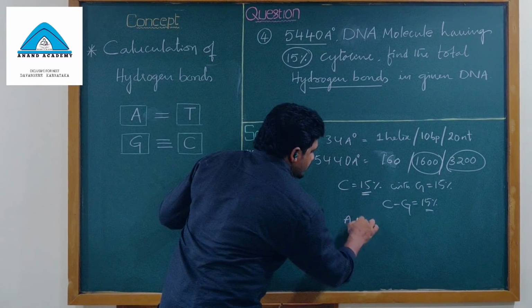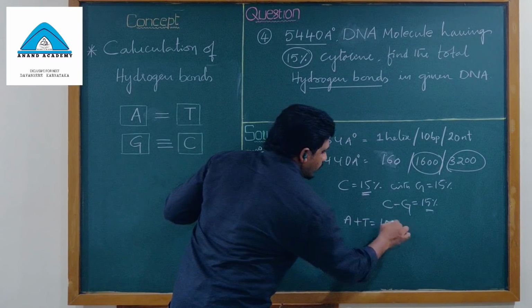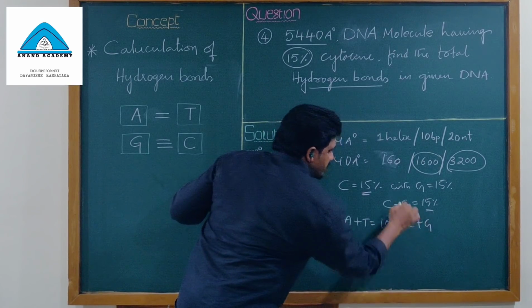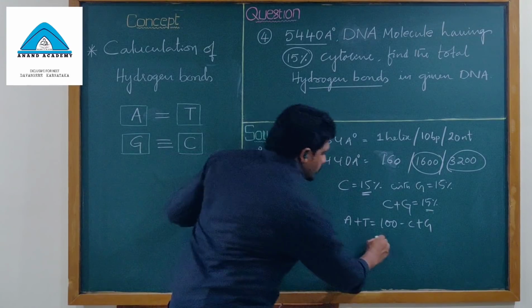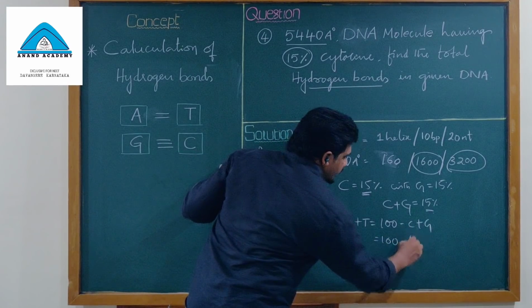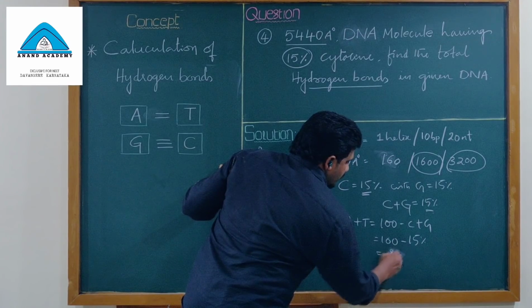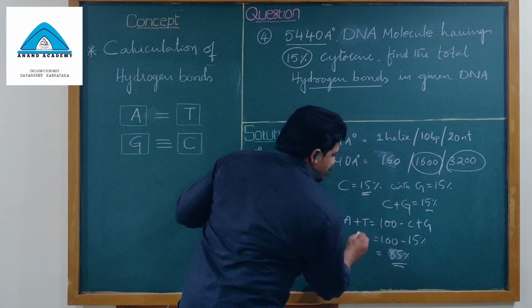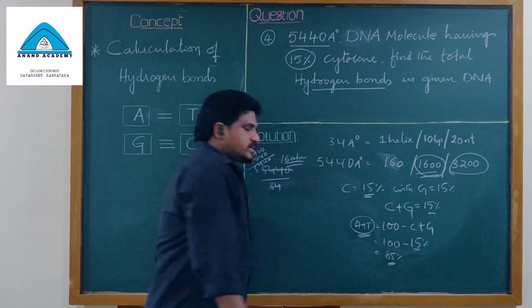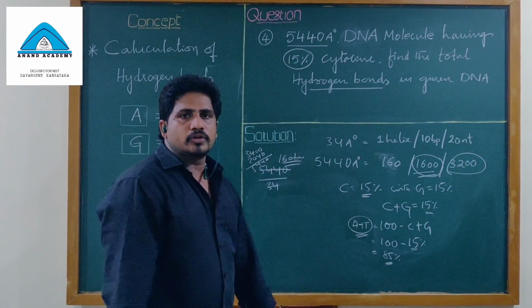Now A plus T is equal to 100 minus C plus G. C plus G is 30%, so 100 minus 30% is equal to 70%. What is this 70%? A plus T combinations are 70% in total.